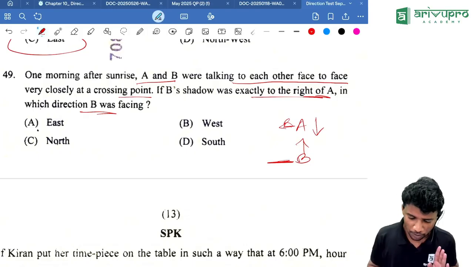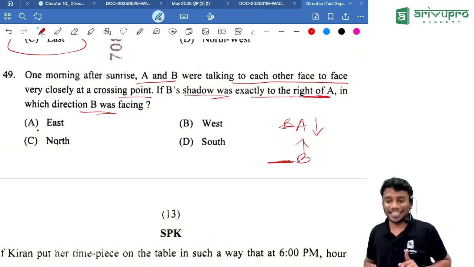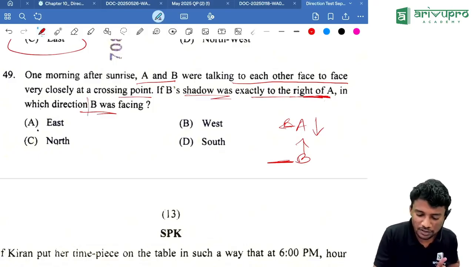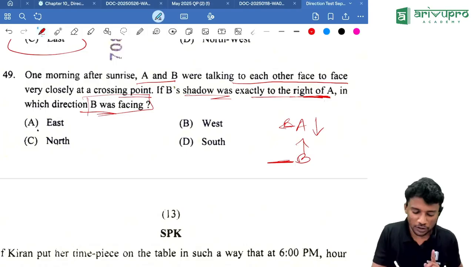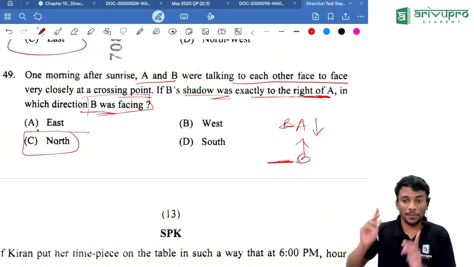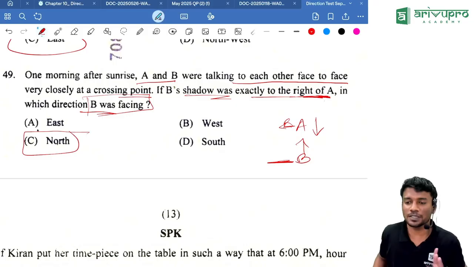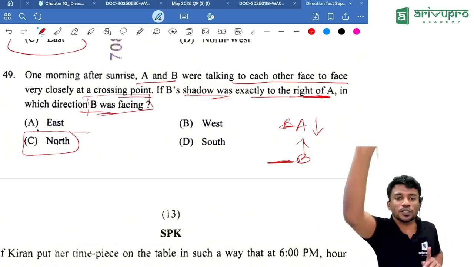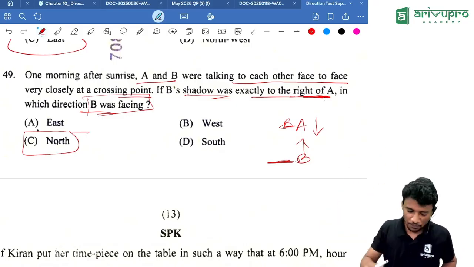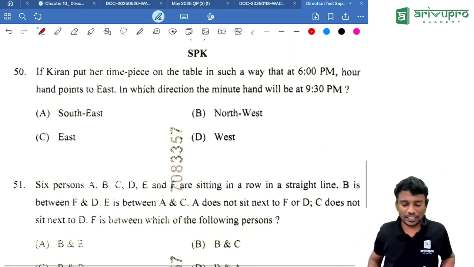Now you tell me, B's shadow is exactly to the right of A. Is that correct? Yes. That means B is facing which direction? North is the answer. Got the point? If it was opposite, B's shadow would be to the left of A. That won't satisfy. That's why B is looking towards the north direction.